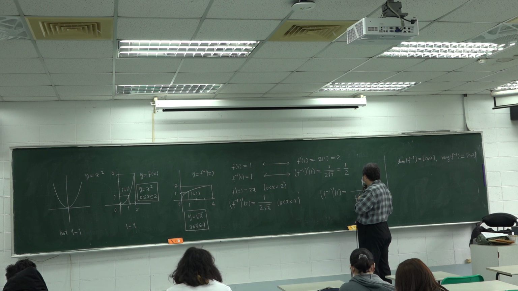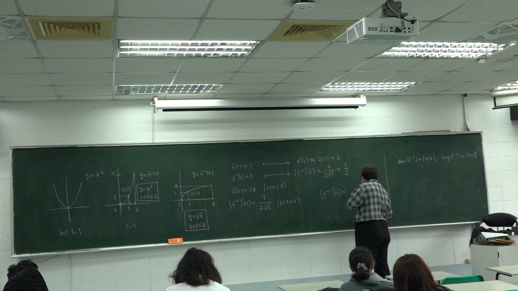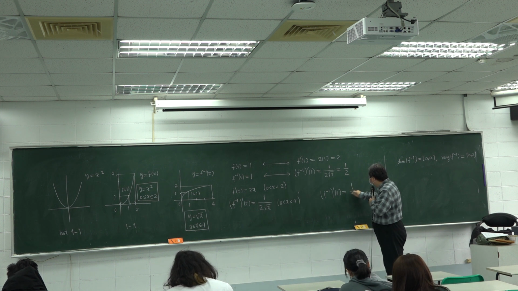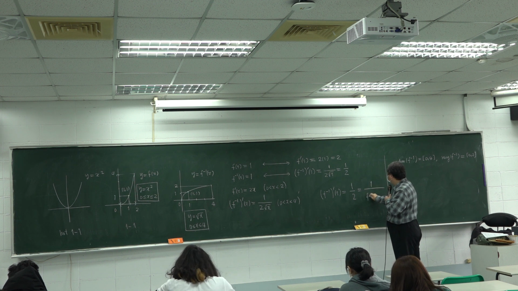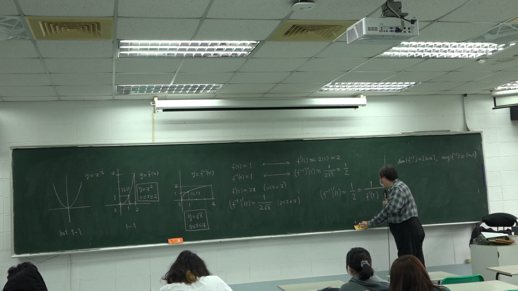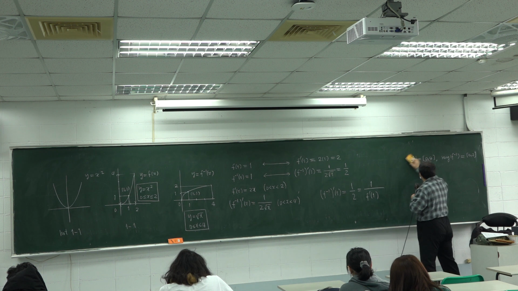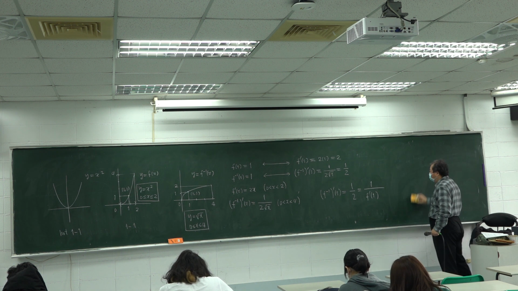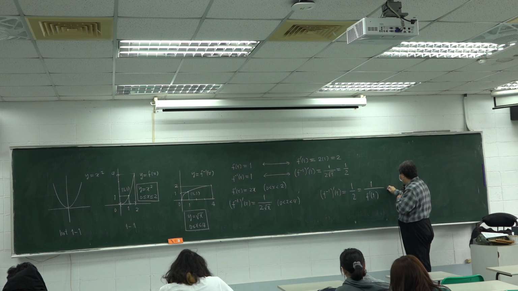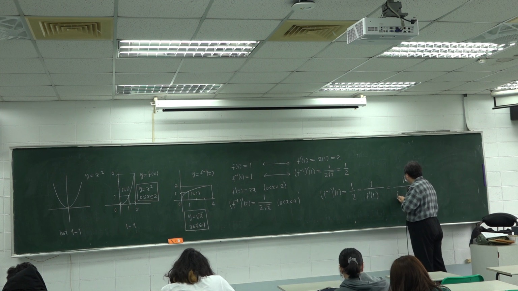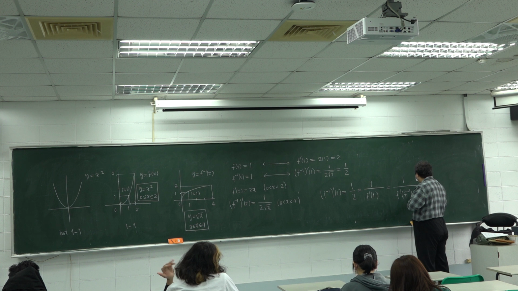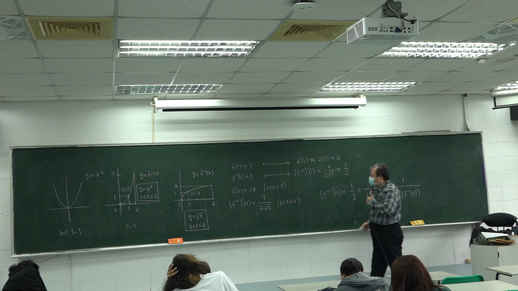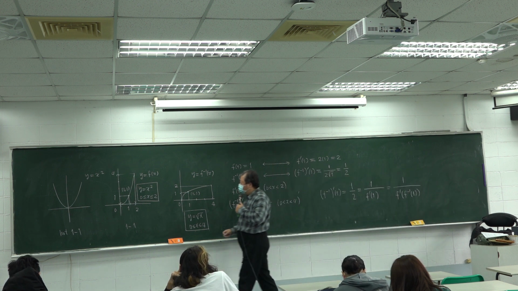1/2. So this is also, oh sorry, one half. And then the one here is exactly... so here the slope is 2.